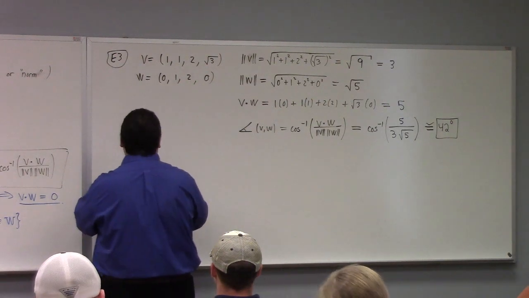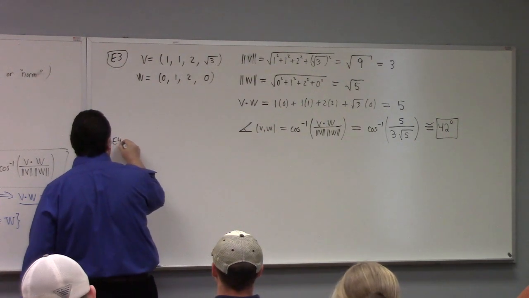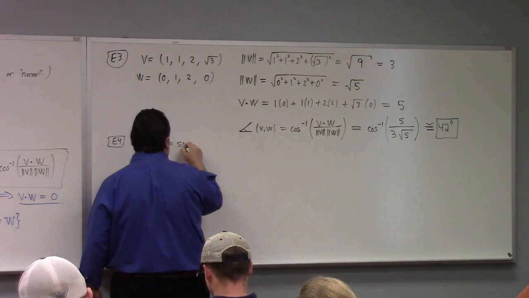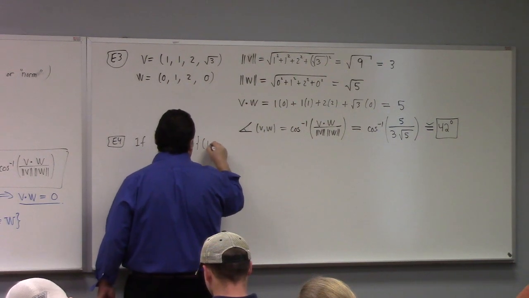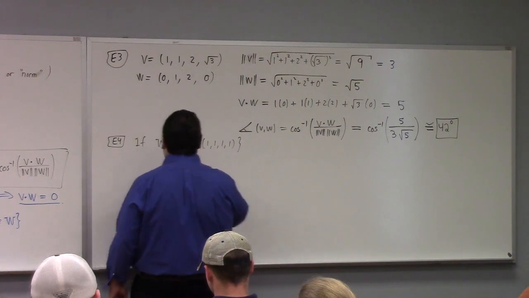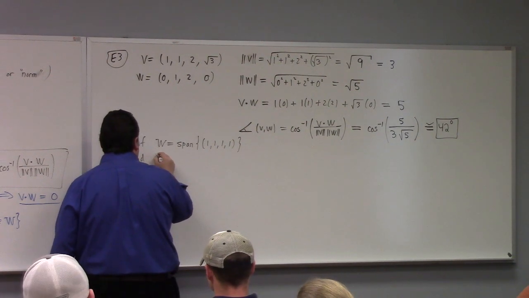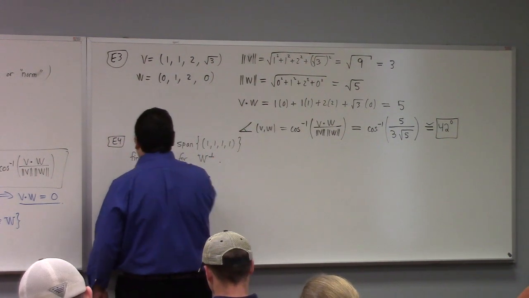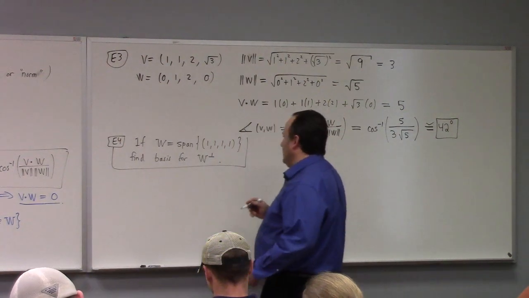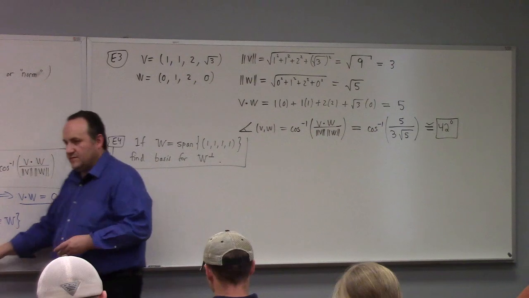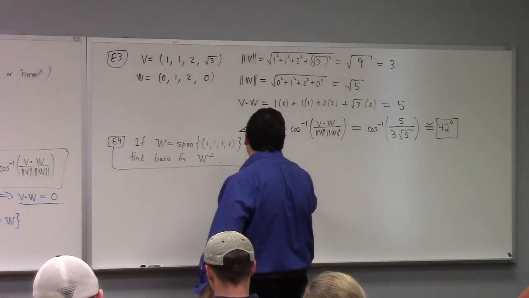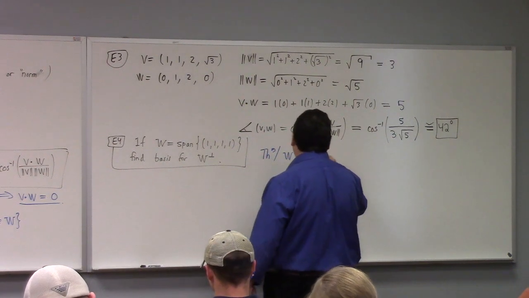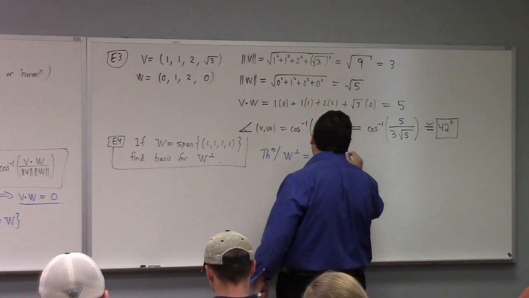So in view of all this, example 4: if W is equal to the span of the vector 1, 1, 1, 1, find a basis for the perp to W. I'll tell you a theorem of linear algebra: W perp is equal to the set containing just 1, 1, 1, 1 perp.